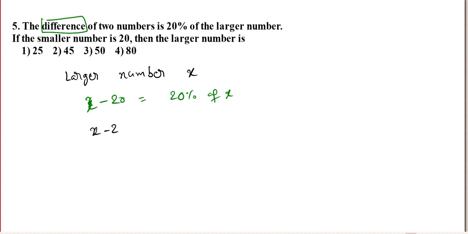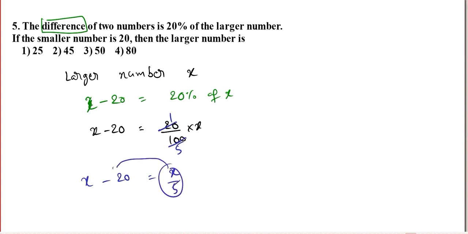So x minus 20 is equal to 20 per 100 into x. This can be simplified: 20 1s are 20, 20 5s are 100. So x minus 20 is equal to x by 5. Transposing this x by 5 to the other side becomes negative, and transposing the negative 20 to the other side becomes positive, so that we get x minus x by 5 is equal to 20.